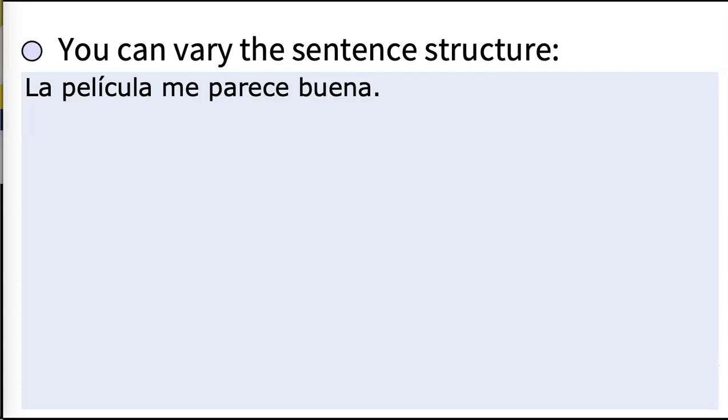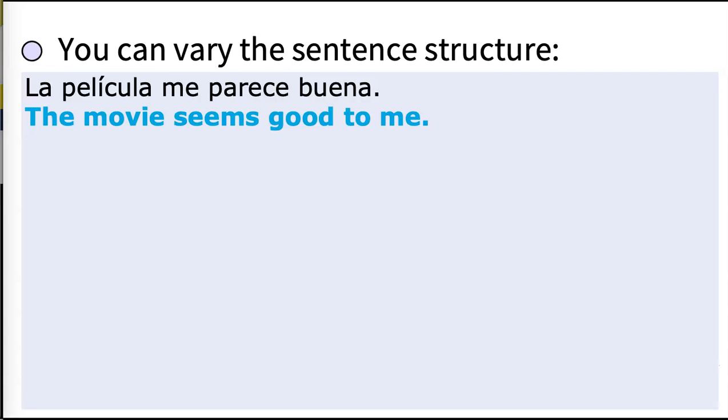Now, we can vary the sentence structure. Most of the time, we begin with the indirect object, verb, true subject, but you can mix it up. So, for example, la película me parece buena. The movie seems good to me. Los días fríos me gustan.